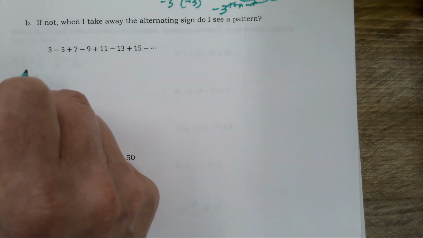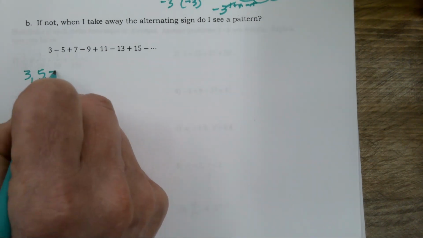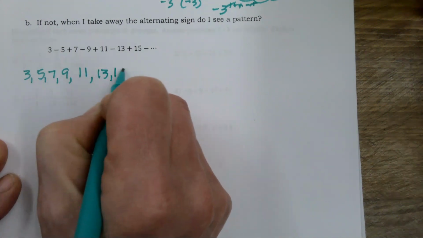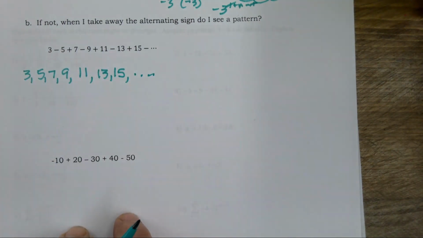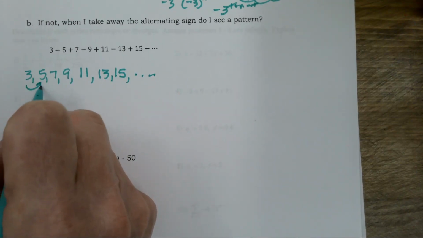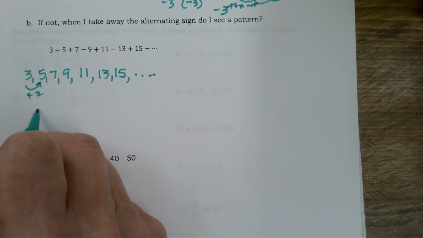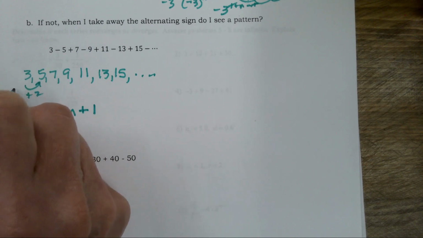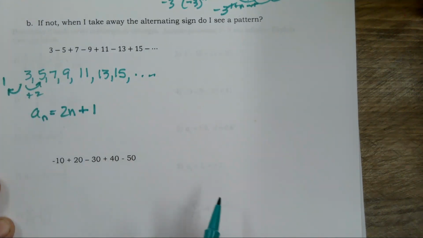I'm going to look at 3 and 5 and 7 and 9 and 11, 13 and 15, and I'm going to try and find what's going on there. So I'm going to ignore the signs for a moment, take my brain off the signs. This is clearly an arithmetic, plus 2 every time. So my a sub n is 2n plus 1, because if I went back, I would be at 1.